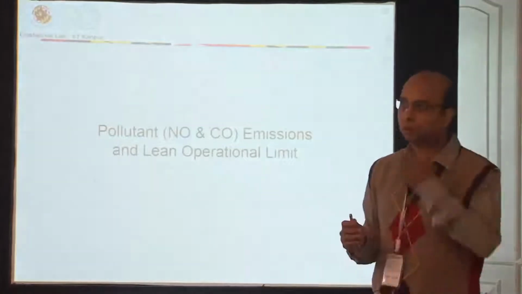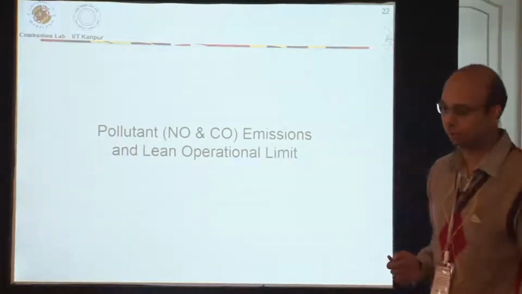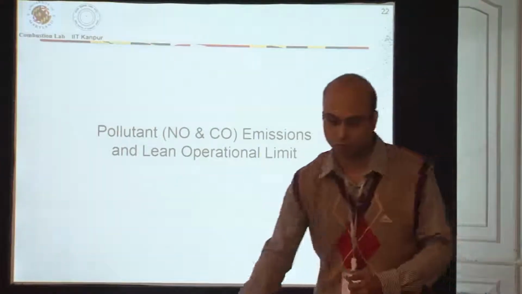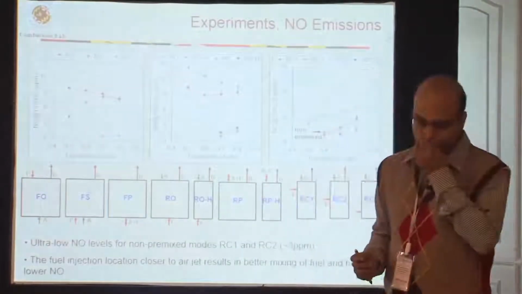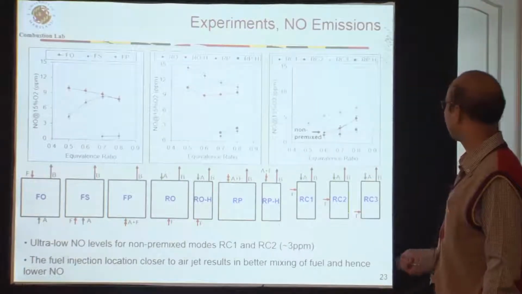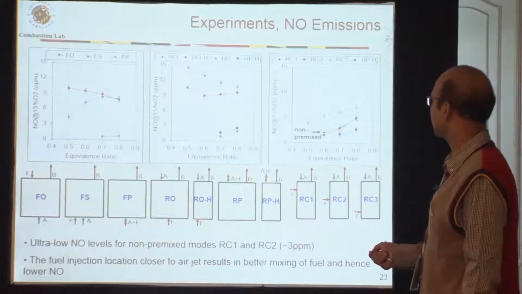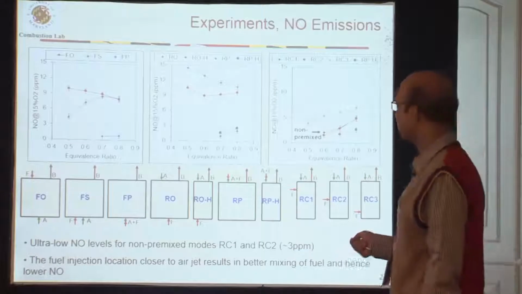So now coming down to the bottom line or baseline, what happens to NO and CO emissions? And I also have results for lean operational or lean blow-off limits. So here is a summary of NO emissions for all these configurations which we investigated. Here is the premixed configuration, and then we can see that for these non-premixed configurations, there is a huge gap.